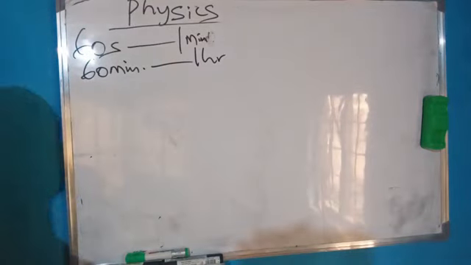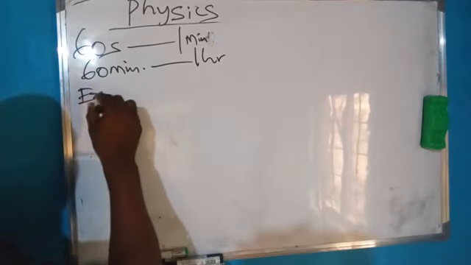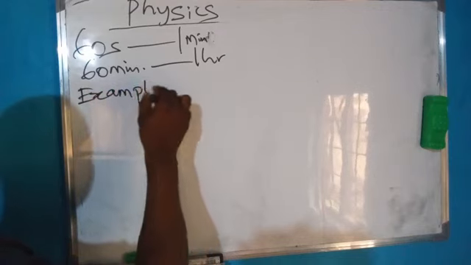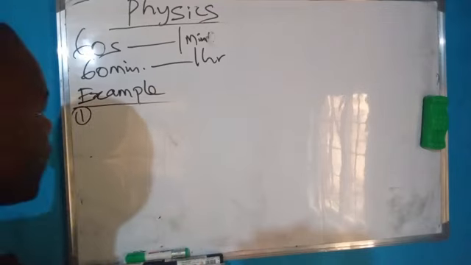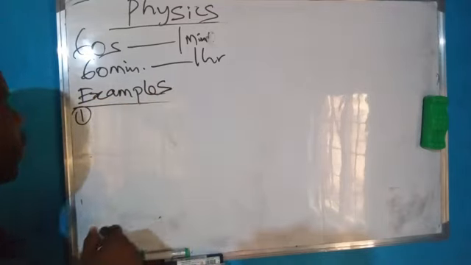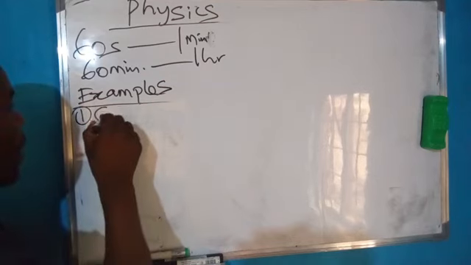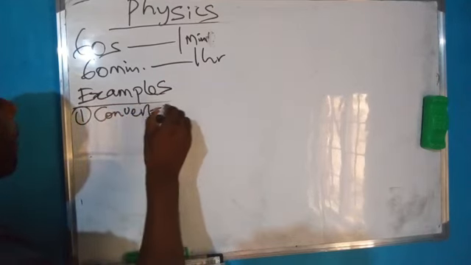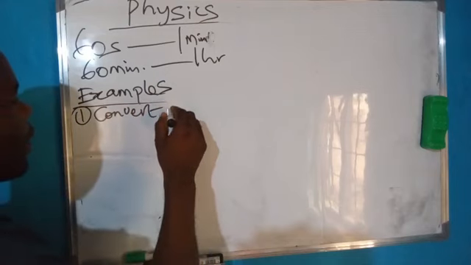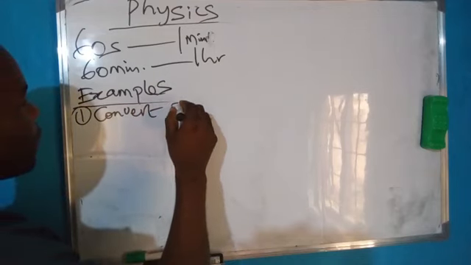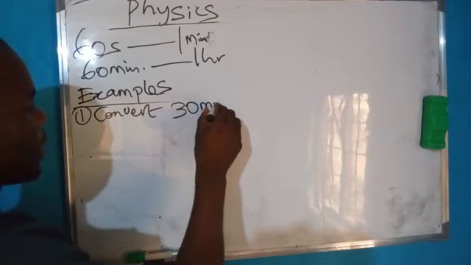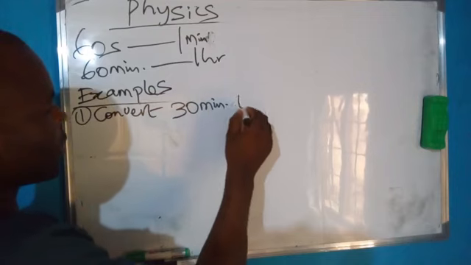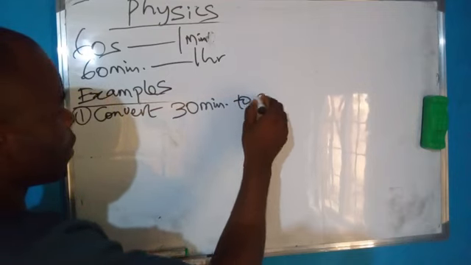Take for instance example 1. Assuming you are given something like this to convert: 30 minutes to second.